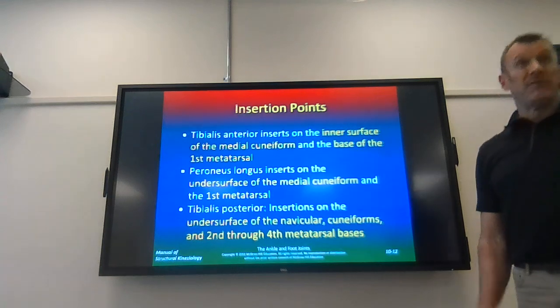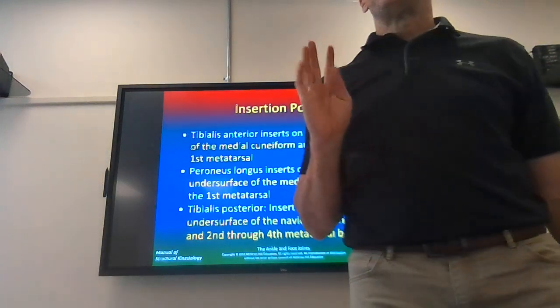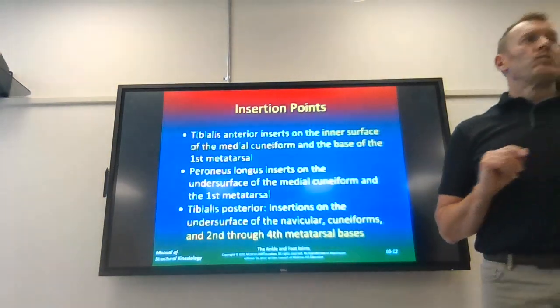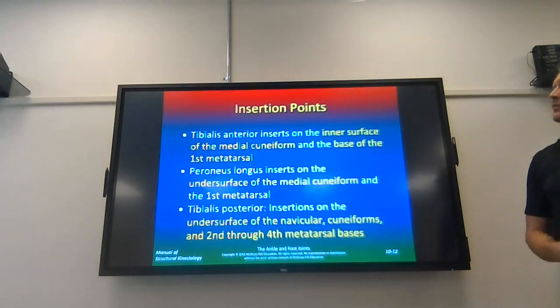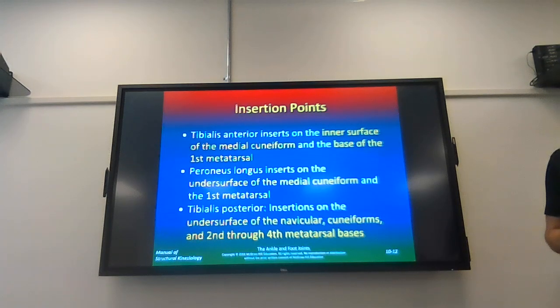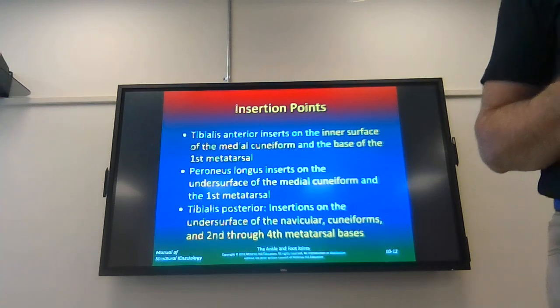Okay, so we're up to 4 insertion points now. So probably should have a different color for each one. Okay, does everybody feel like they're ready to go to the next one?